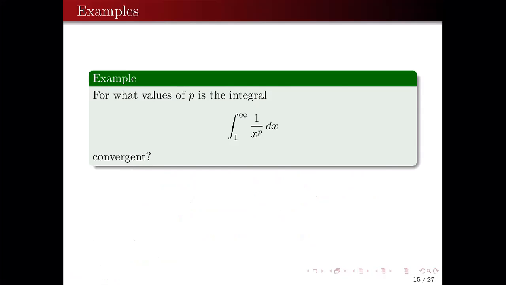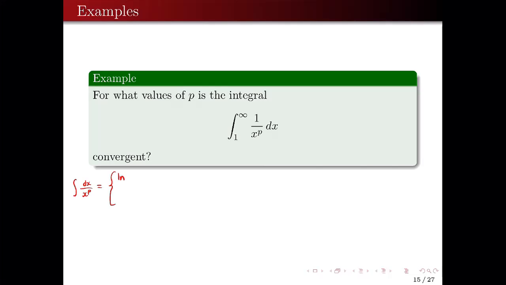Okay? Let us see. Let us just look at the integral of dx over x to the p. This guy here has two possible values.